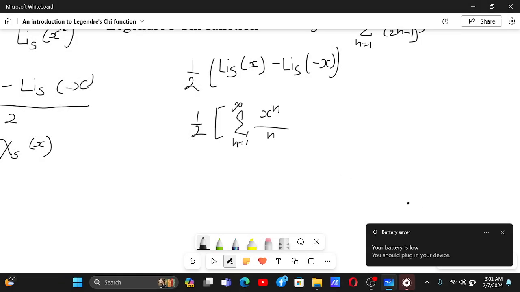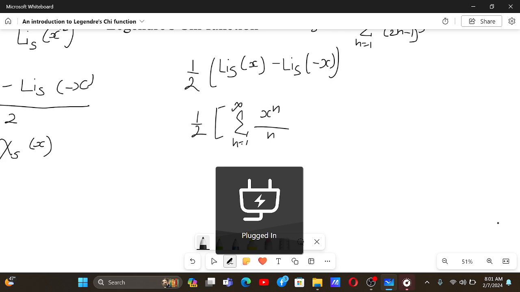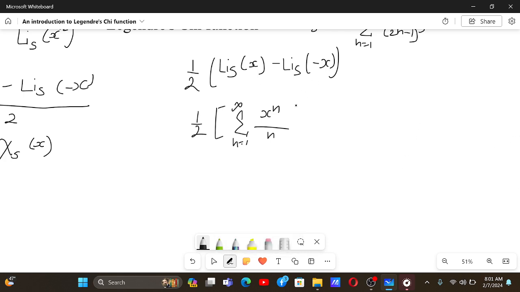Since both of them go from n equals 1 to infinity, minus, for the second one we will have minus x to the power n by n to the power s.